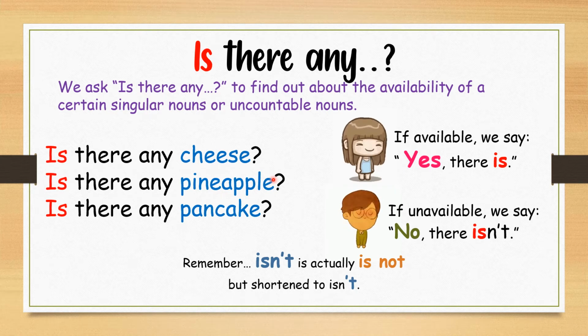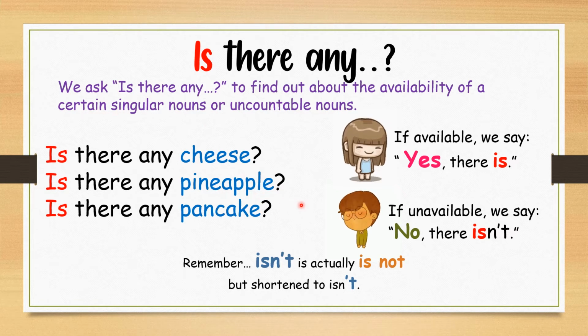You cannot count cheese. Next example, is there any pineapple? Pineapple can be counted. We can count pineapple, but in this case, the pineapple is only one. It is a singular pineapple.